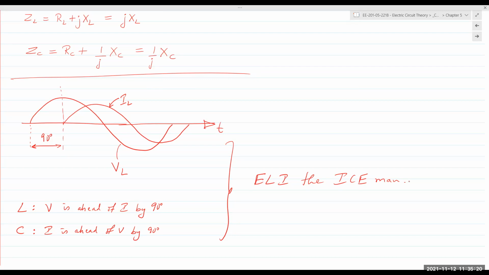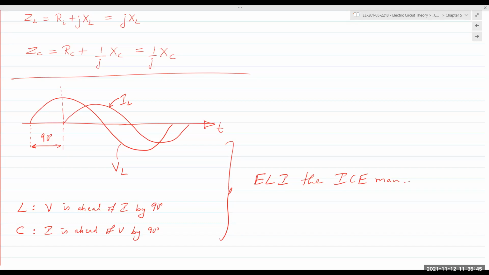The current for that same capacitor would be minus 90. So the phase difference between the impedance of a capacitor and inductor would be exactly 180. Well, I can't bend my arms that way, but not plus 90 and minus 90. Does that make sense? What do we have? An exact phase difference of 180 degrees.